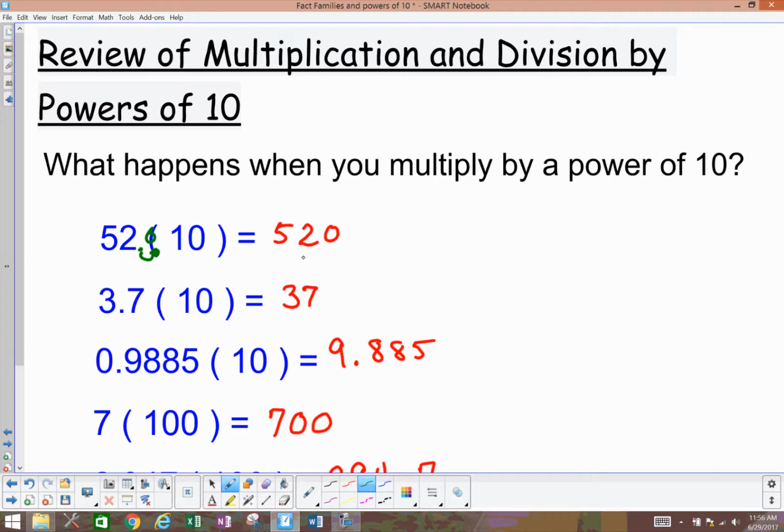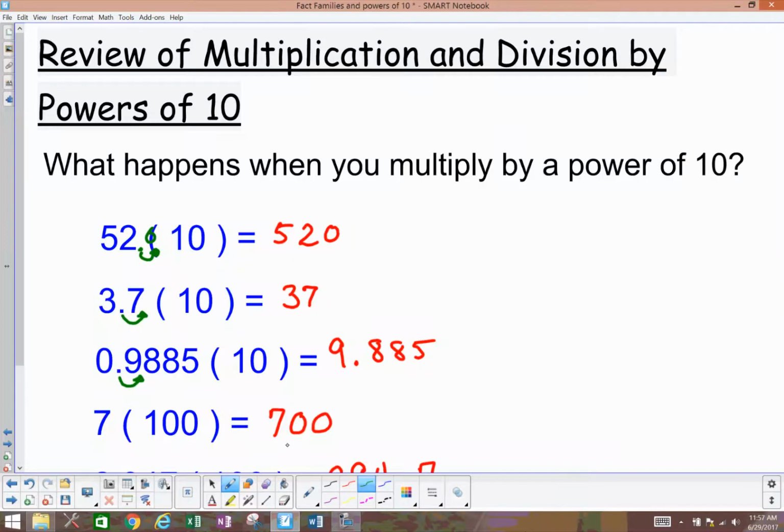That's where I'm getting my 520. So 3.7, I'm moving 1 decimal place back. That's where I'm getting my 37. This is the shortcut you probably were taught. 0.9885, I am moving my decimal one place back, 9.885.